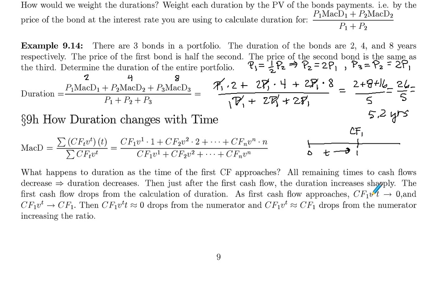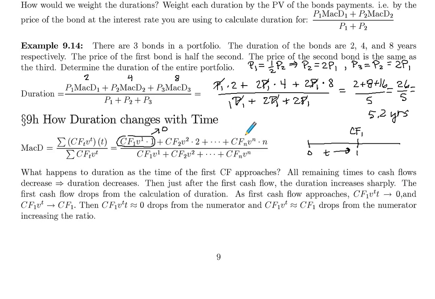And then v to the t is actually starting to look like v to the 0, which is 1. So we've got a constant times something that's approaching 1 times something that's approaching 0. That's going to approach 0. So this first cash flow up here, as t approaches 1, is approaching 0.